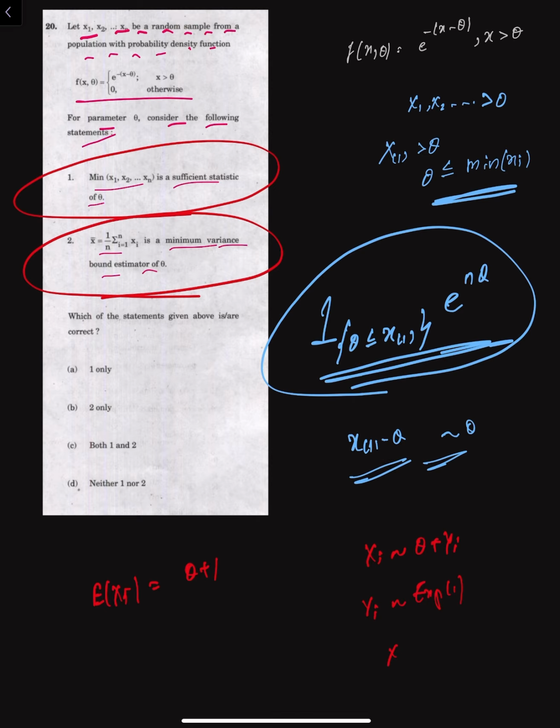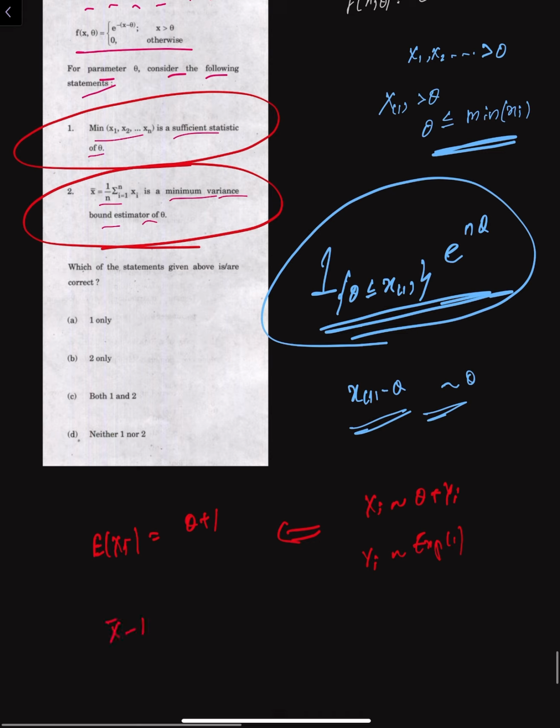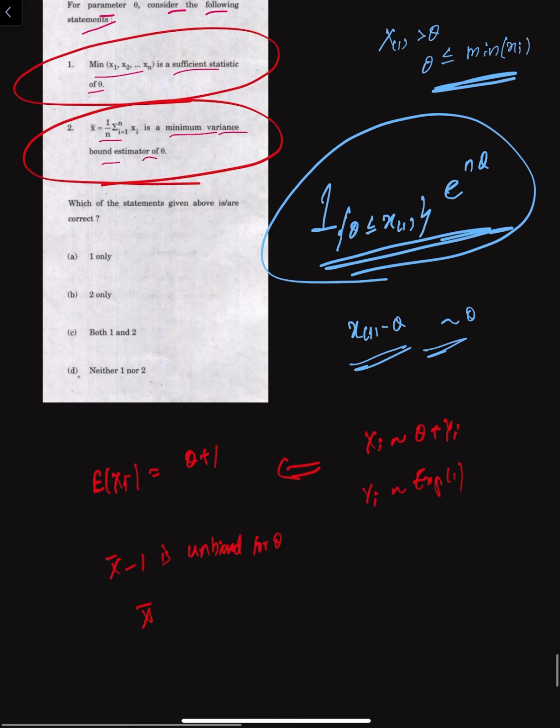So that's why we have the expectation of xi as theta plus 1. So that means x bar minus 1 is unbiased for this theta. But if we try to say x bar minus 1 is a complete sufficient statistic, not even a function.